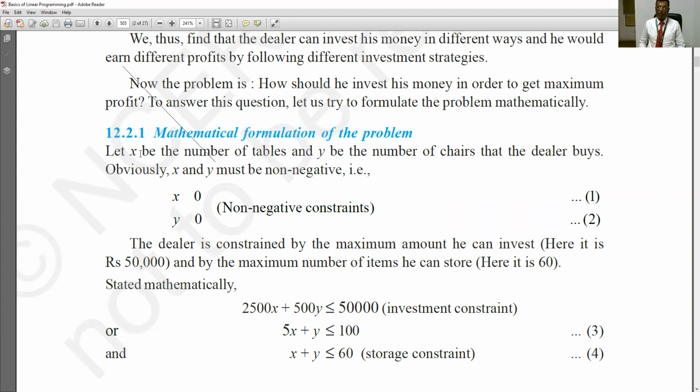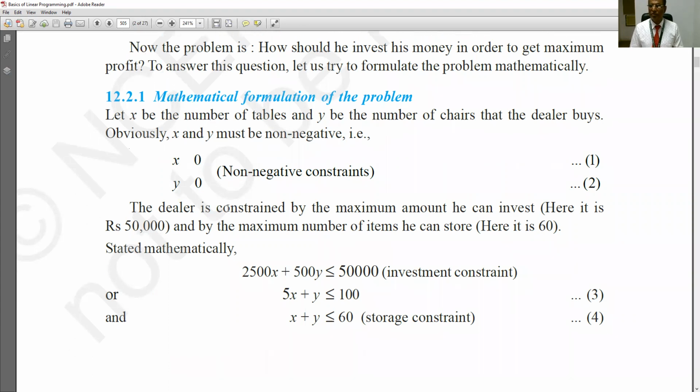X is the number of tables and Y is the number of chairs. So you know here X is greater than or equal to 0 and Y is also greater than or equal to 0, because number of tables and number of chairs may not be less than 0.